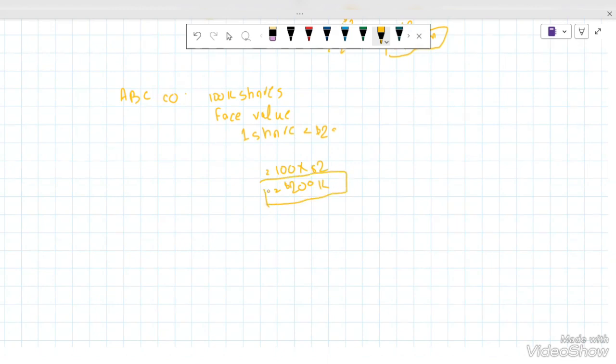This is the amount you will have after selling the 100K shares to the shareholders. So this is the face value.